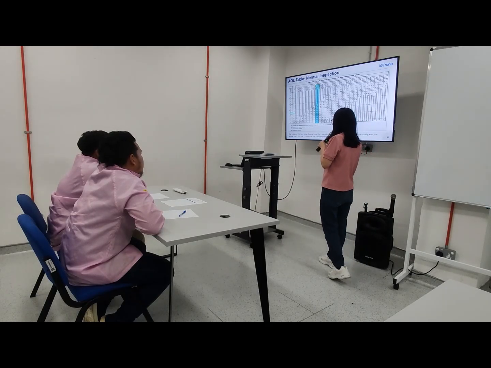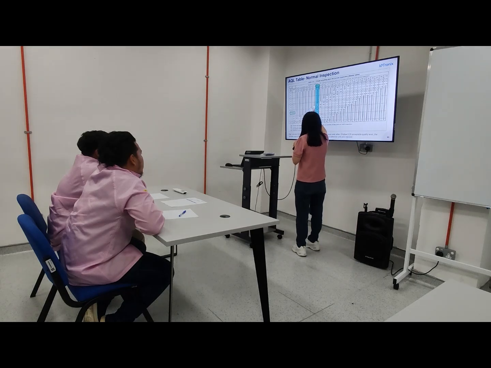And then also we need to see the arrow. If the arrow comes here like this, for example 0.15, the arrow is down. So the sampling size should go for 1, 2, and then 315.